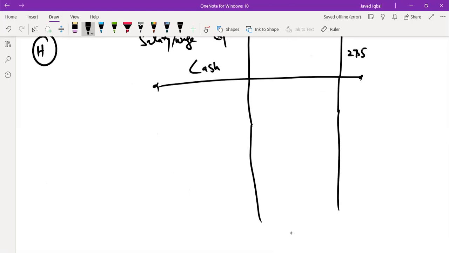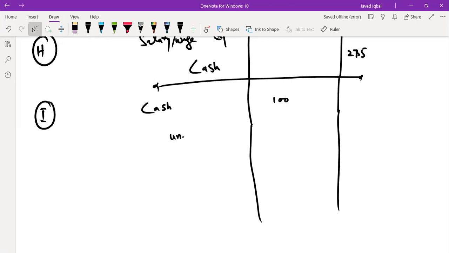Transaction I is about that he received $100 from a customer for services we will provide next week. So keep in mind he has not provided the services. So this is cash basically received as 100. This is transaction I. And services have not been provided.